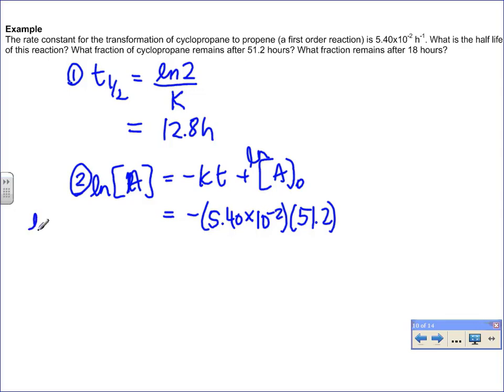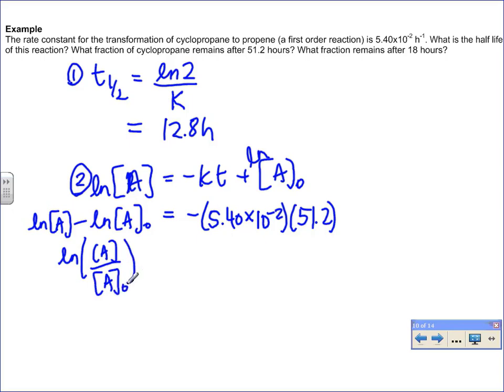So if I've got ln of A and I subtract ln of A naught, that's really ln of the concentration of A over the concentration of A naught. So I can figure out the relationship between the two. And I've got my negative kt here.